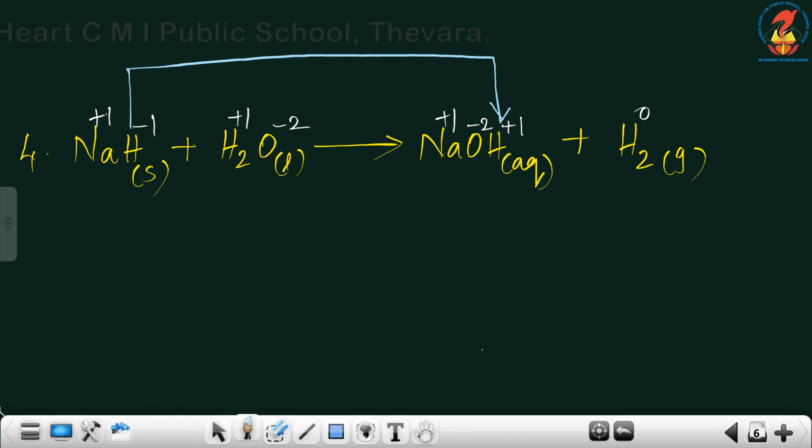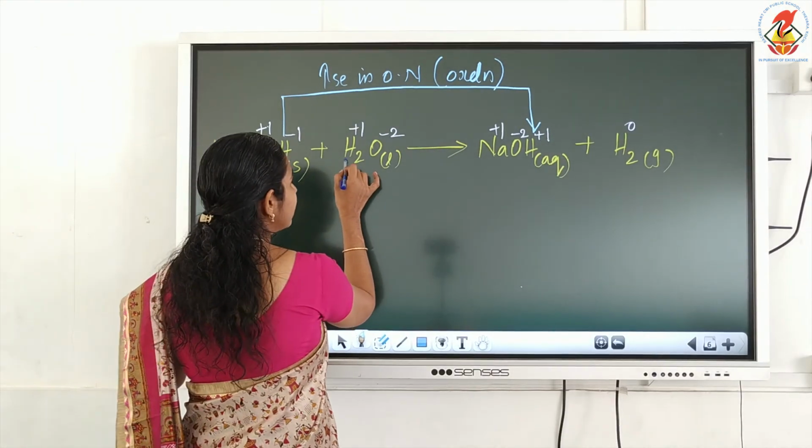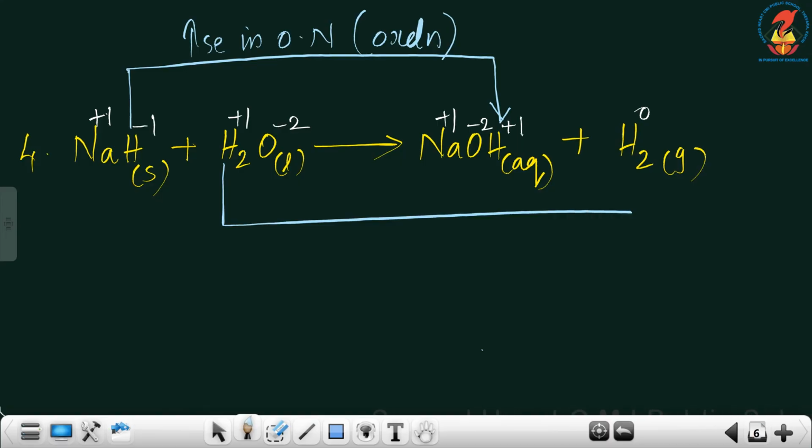There is change from -1 to +1. -1 to +1 means there is an increase in oxidation number representing oxidation. So the hydrogen which is in the -1 oxidation state is undergoing oxidation.